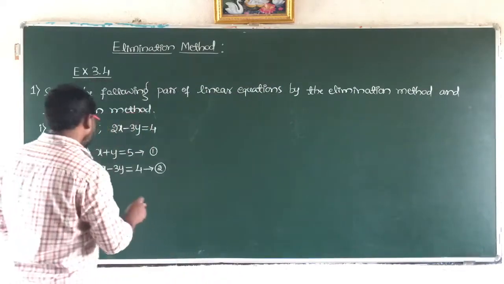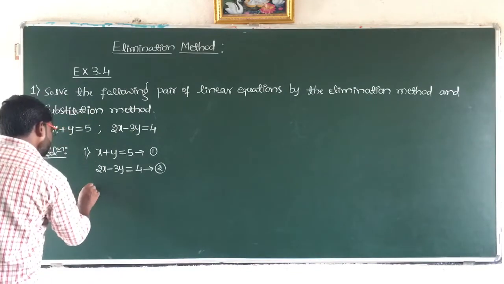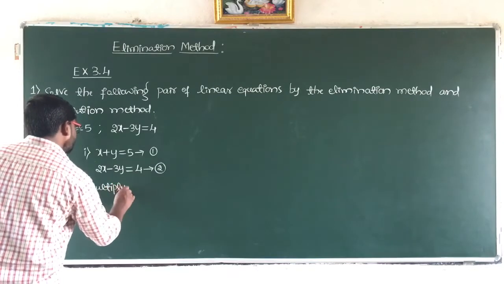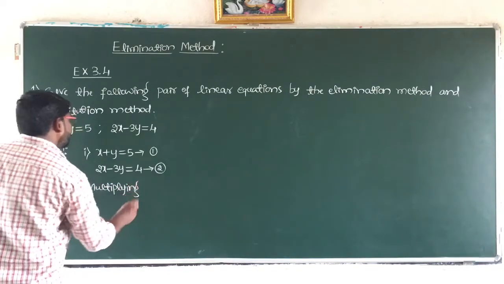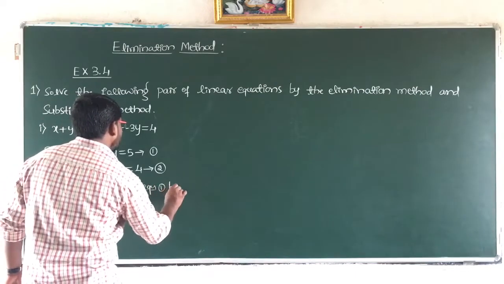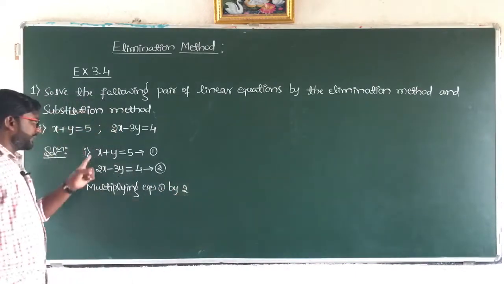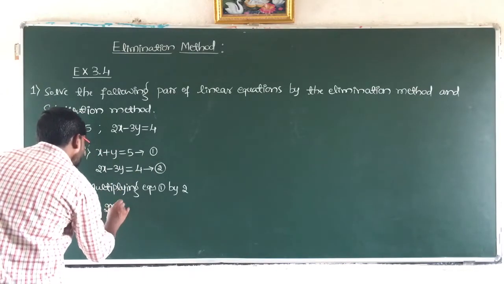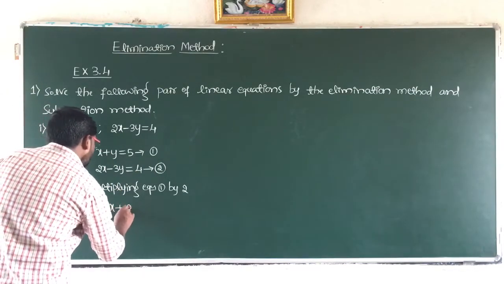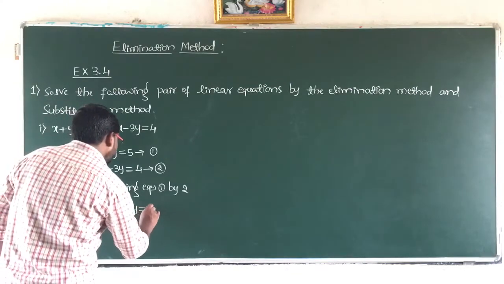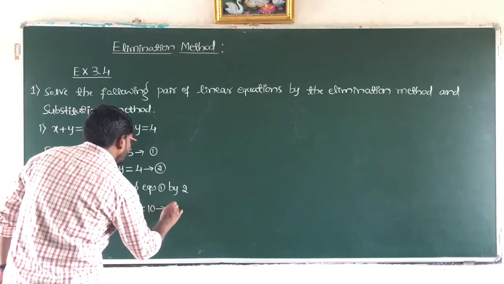So let us multiply equation 1 by 2. We get 2x plus 2y equals 10. I call this equation number 3.